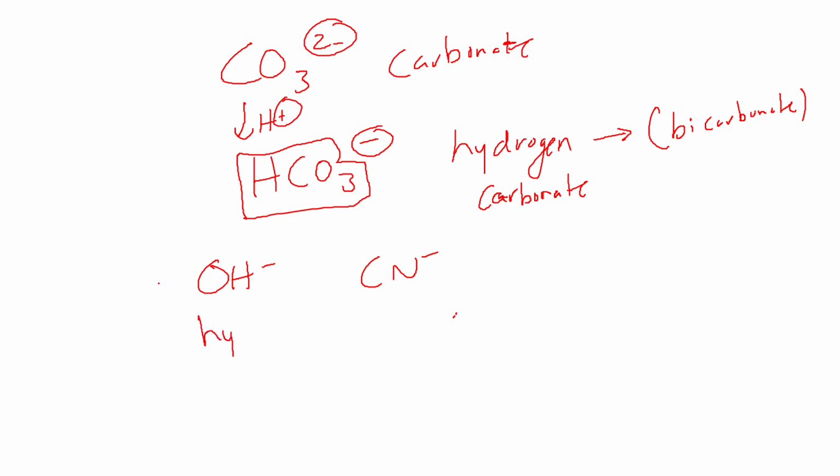So that is the hydroxide ion, and that is your cyanide ion as well. But a vast majority of your polyatomic ions will end in ate or ite. So again, if we kind of put this together, FeOH2, that is a metal.